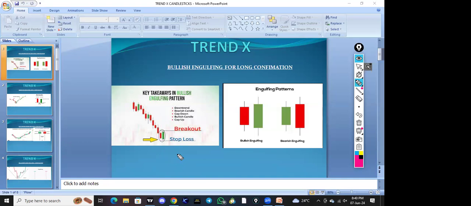We should not take any trade blindly without confirmation. Sometimes no support or resistance will work, and the market will keep falling. So confirmation will be best for us to take the trade. If we are not getting any kind of confirmation, then we are not going to take those trades, right?